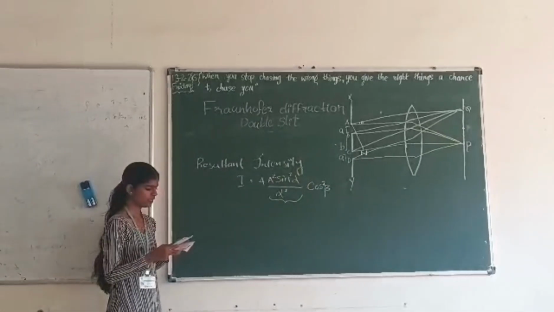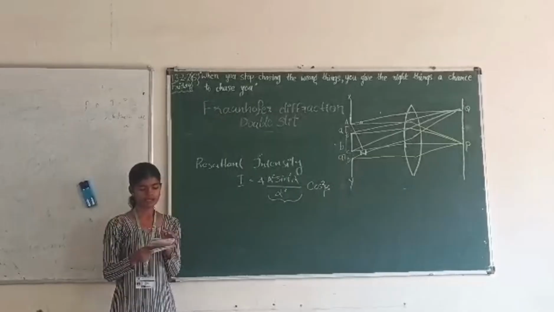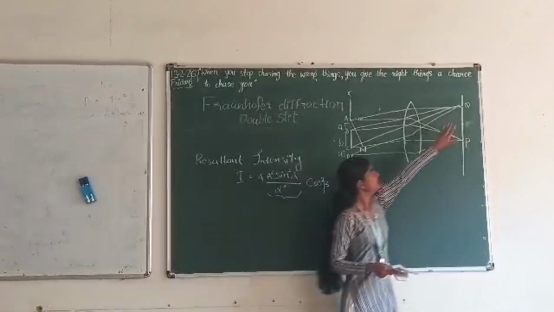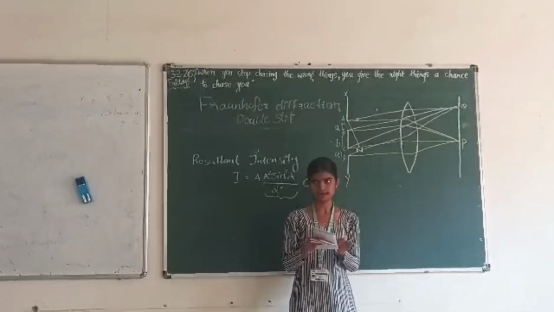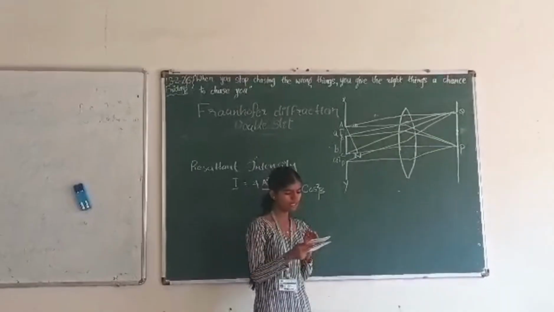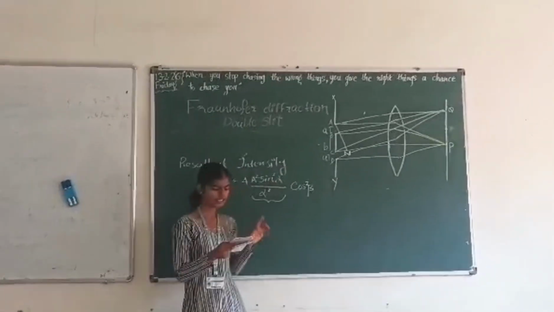The intensity is the square of the amplitude. So the intensity at a point Q is the square of the total amplitude, that is, the superposition of the amplitudes of diffraction due to each slit.